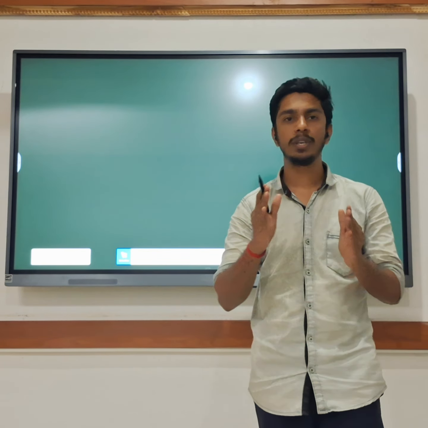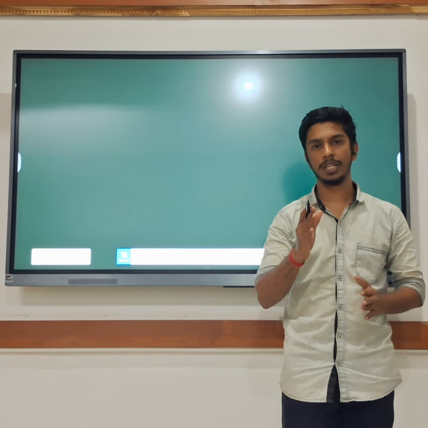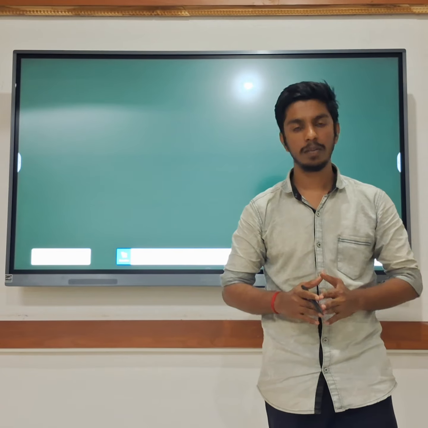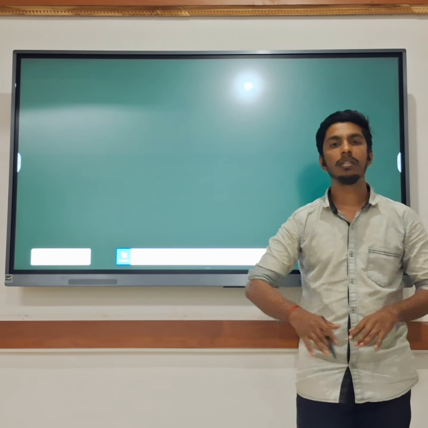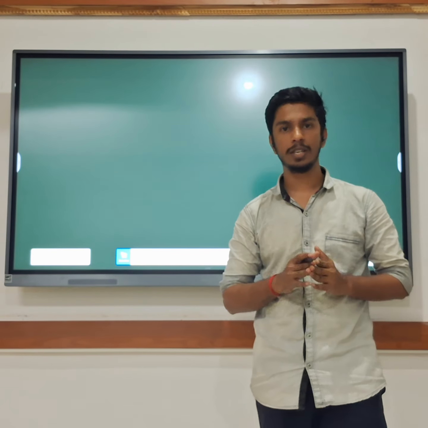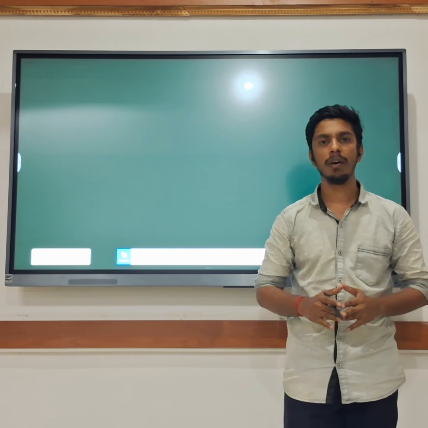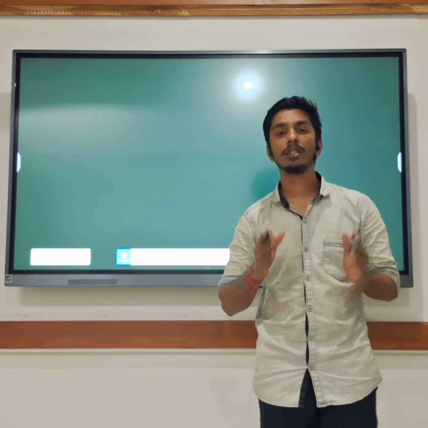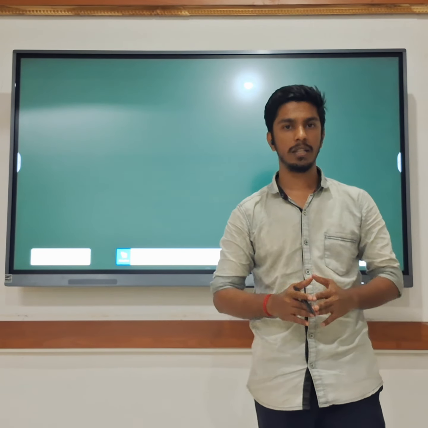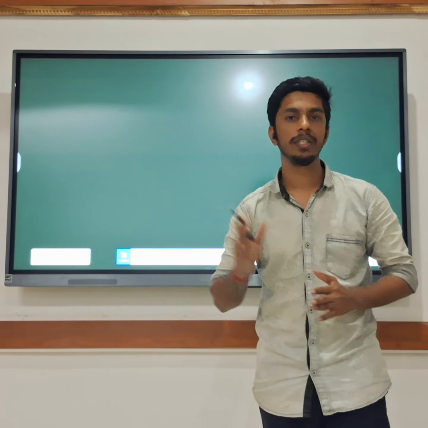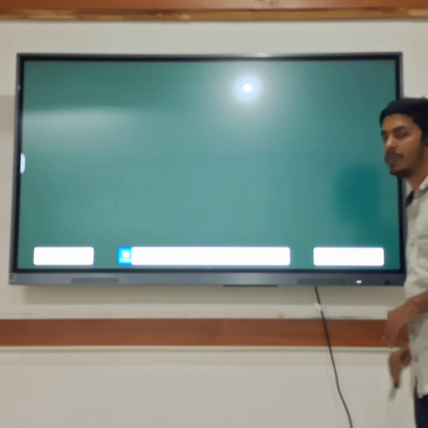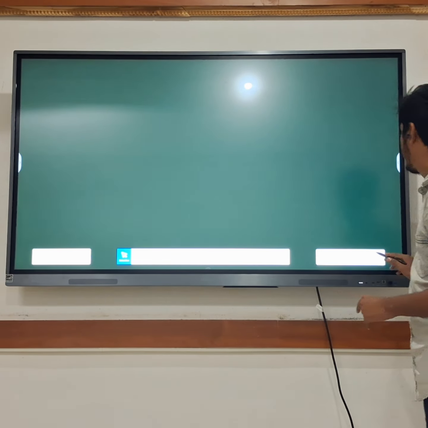In the measure of central tendency, we have three types: mean, median, and mode. In the measure of dispersion, we have four types: range, quartile deviation, mean deviation, and standard deviation. Today we will discuss CET problems on variance and standard deviation.